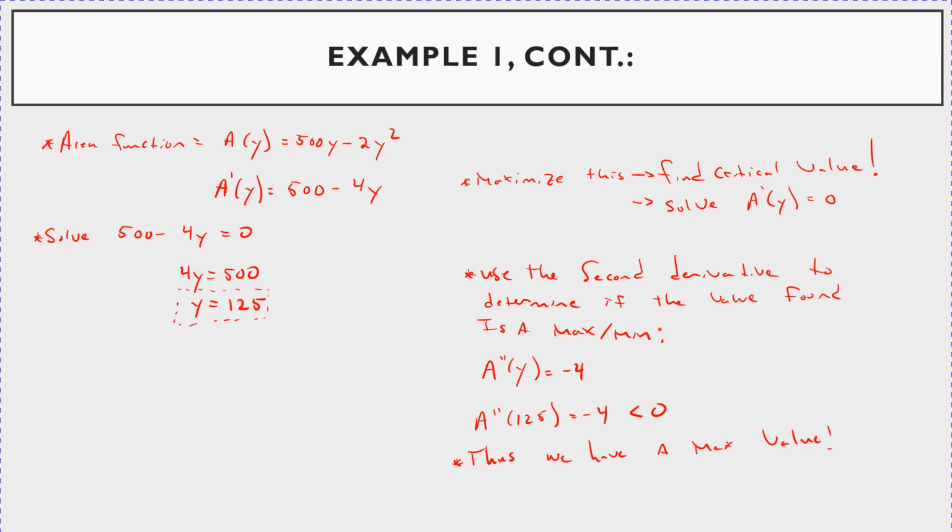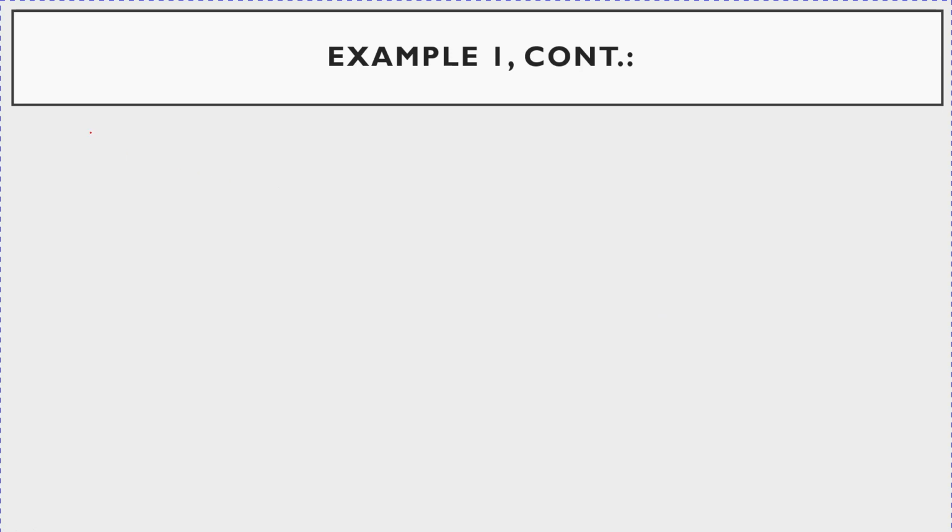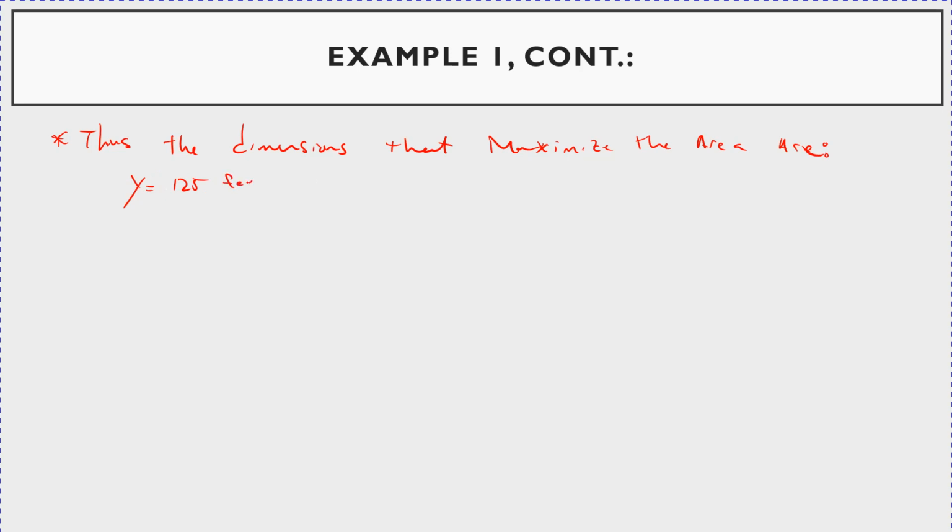That's great. Okay, so then what you can then just say here is, thus, the dimensions that maximize the area are, well, look, we see y is equal to 125 feet.